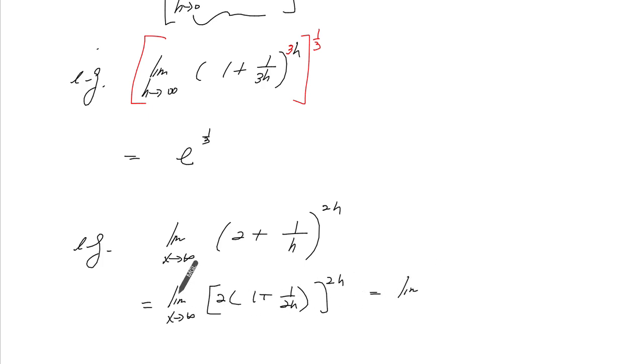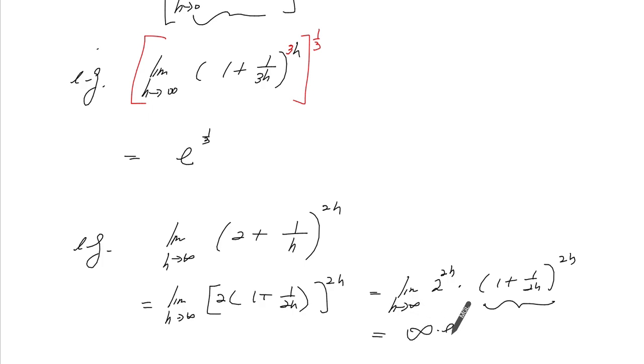So this is h, so I meant this to be h. So what will happen here? I get 2 to the power of 2h, right? When I expand, times 1 plus 1 over 2h to the power of 2h. So this right here is clearly, when you take the limit, going to be e. But we have 2 to the power of infinity, so it's essentially a really large number times e, so it's going to be infinitely large, infinity.